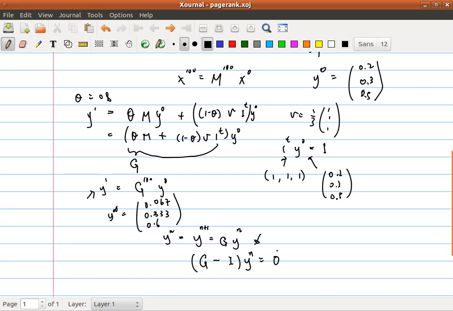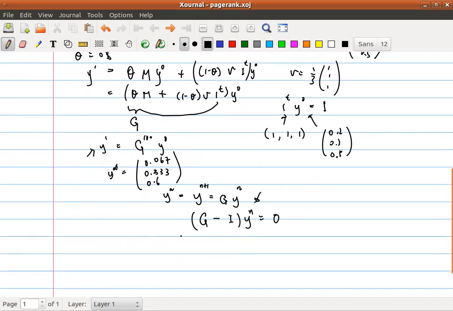If you're familiar with linear algebra, you realize that this is very similar to computing the eigenvectors and eigenvalues of a matrix. Eigenvectors and eigenvalues of a matrix M refer to vectors v such that Mv is equal to lambda v. When you multiply a vector v by the matrix M, it doesn't change the direction of v.